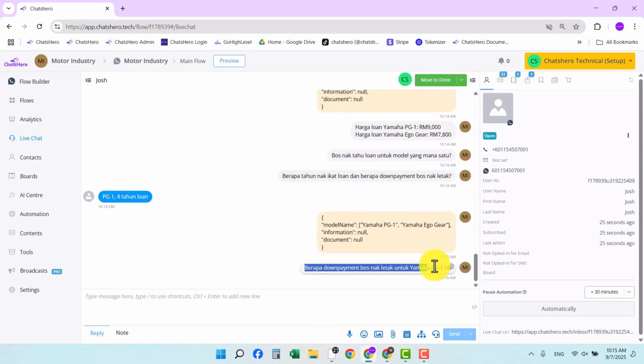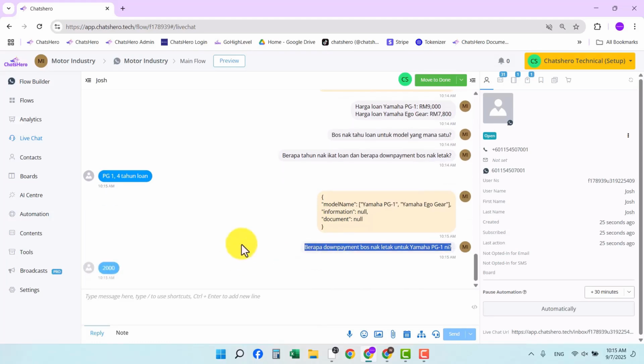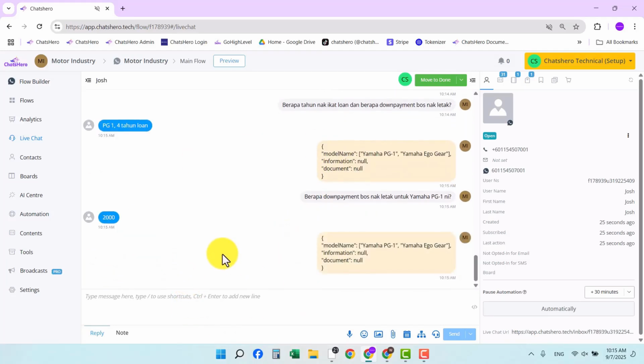Some customers forget to provide this. So the AI will know and prompt you that you haven't told me your down payment amount yet. So for the down payment, I tell it 2,000. Okay, so I let it know how much my down payment will be. Okay, so at this point, the AI will start doing the calculations.